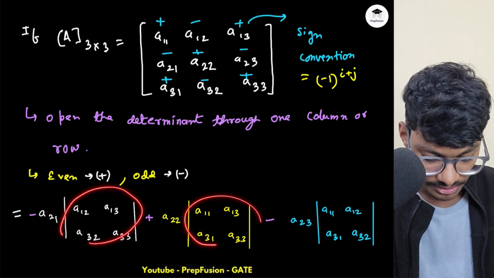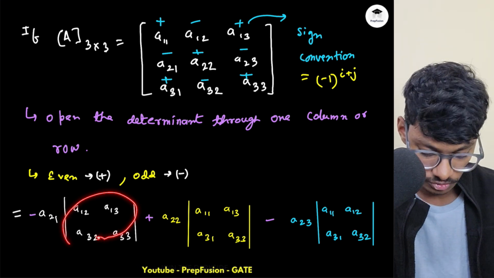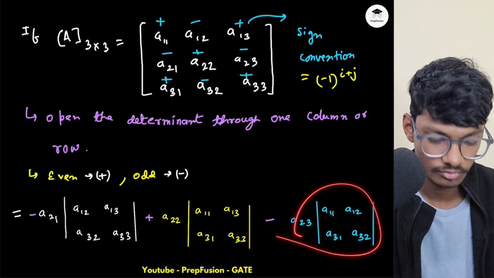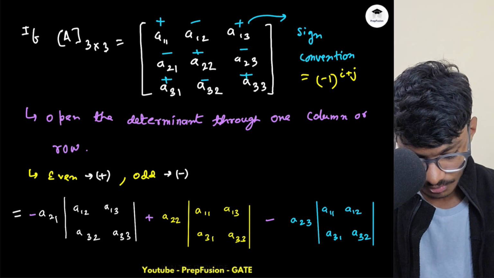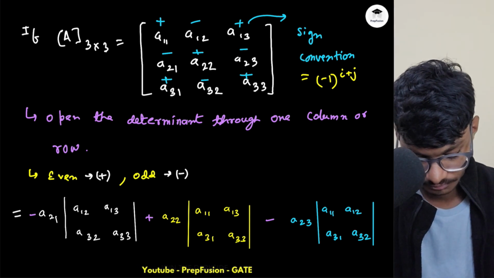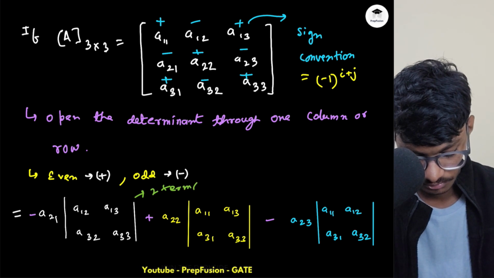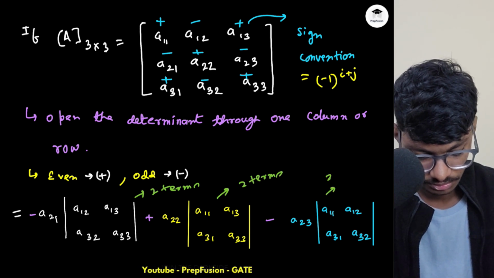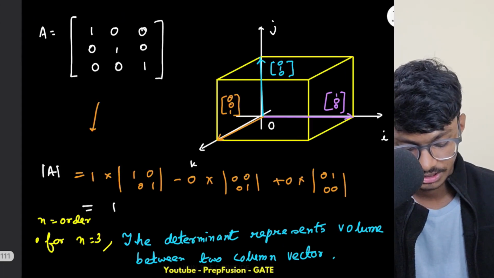But in between there is also a determinant. If I expand this, how many terms will I get? 2 terms. So this overall will give me 2 terms, this overall will give me 2 terms, and this overall will give me 2 terms. Total 6 terms after expansion.